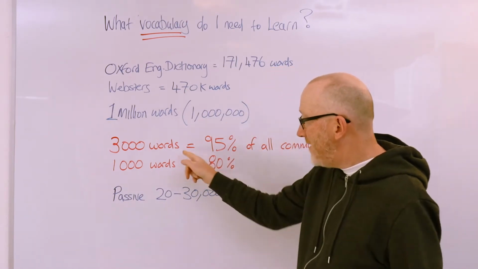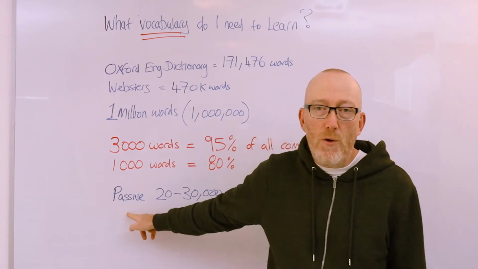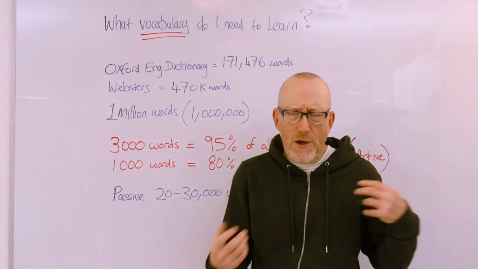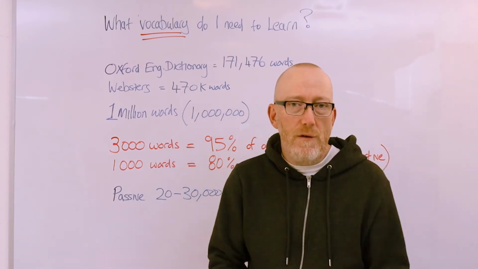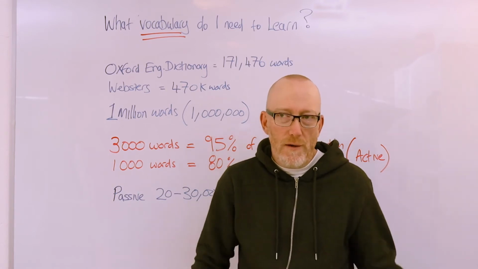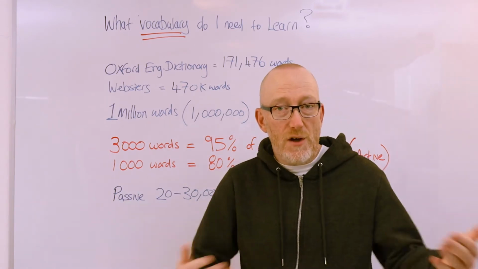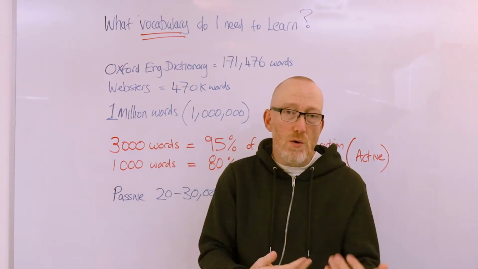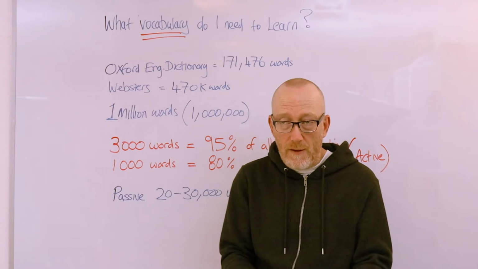Now, that's your active vocabulary, but we also do have what we call passive vocabulary. Passive vocabulary are words that we know, we're familiar with, but we do not use them on a regular basis. You may not use these words for years and years, but you're aware that this word exists and you're aware of the understanding of these words.